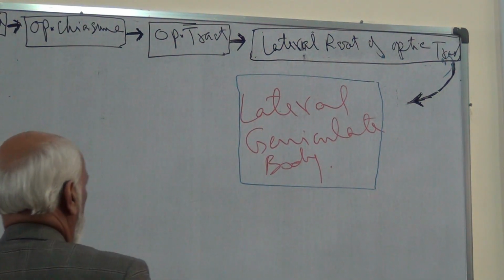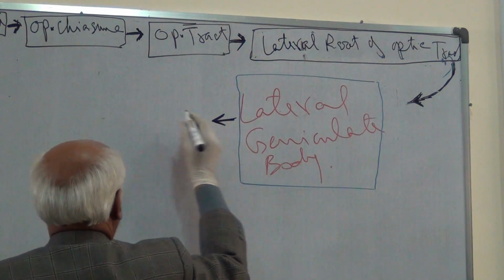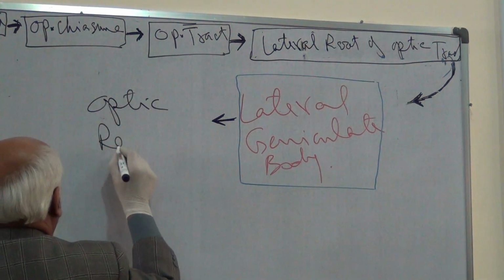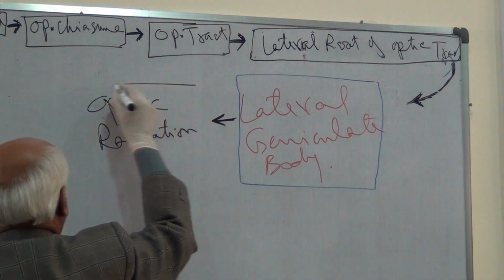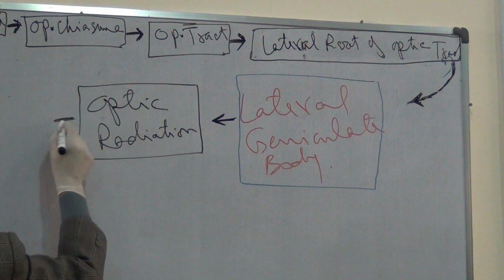Then from the lateral geniculate body, the optic radiation, or geniculocalcarine tract, arises, as I explained in previous lectures.